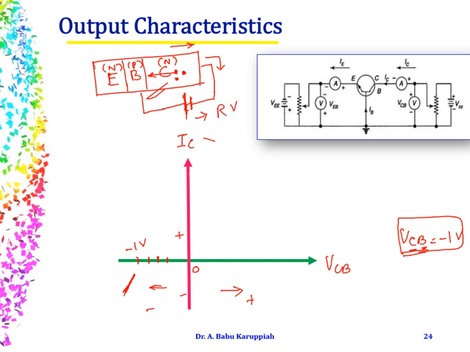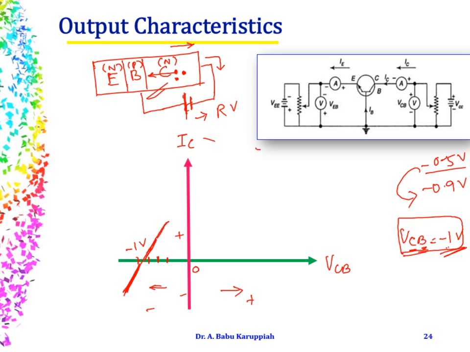If you give minus 0.9 volt, the collector would be more positive than before, and if it is minus 0.5 volt, it is more positive still. So when the collector is more positive than the previous value, it is like reverse biasing your collector base junction, and so automatically the current starts flowing in this way, opposite to the direction of current here. So it is flowing here, right?